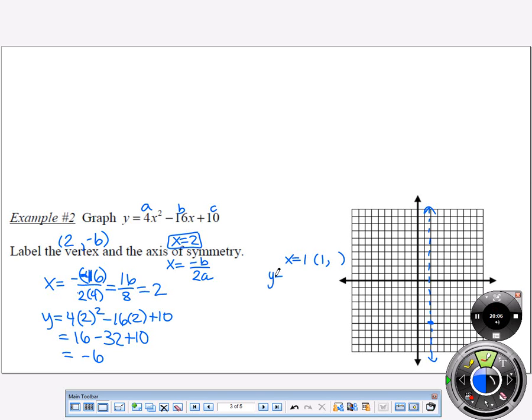So I'm going to take my equation and plug in 1 for x, and then finish the calculation for y. And so I have the point (1, negative 2). And I'm just going to mirror that on the other side of the axis of symmetry. And that's enough for us to graph this.